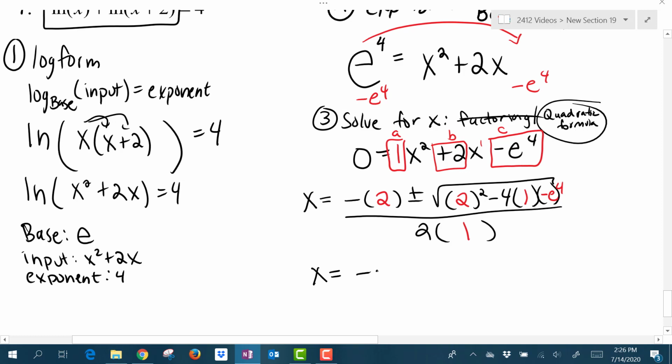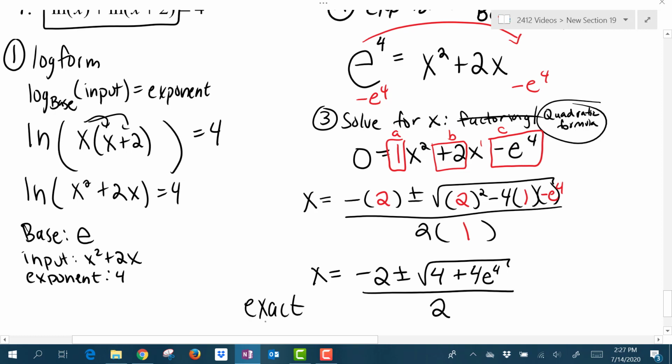So I get negative 2 plus or minus the square root, that's 4. We have a negative 4 times 1 times negative e to the positive 4 power. A negative times a negative is going to give me a positive, and that's 4 times e to the positive 4 power, all over 2. Now that would be our exact solution.